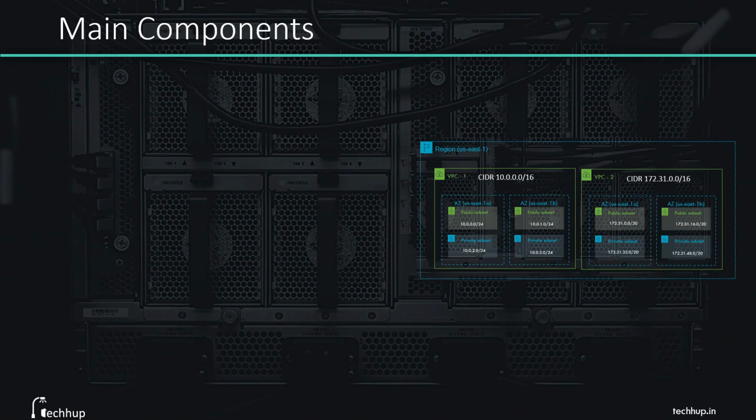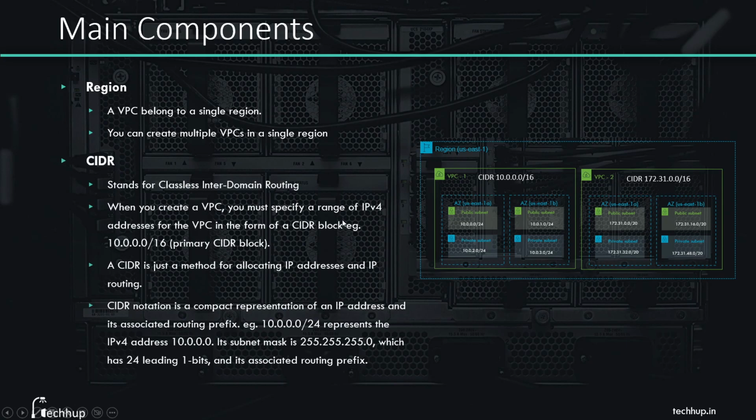Now let's have a quick look at the other components. So we know that VPC exists within regions. A VPC can belong to a single region, whereas you can create multiple VPCs in a single region. Then we have already seen CIDR blocks, and it stands for classless interdomain routing.